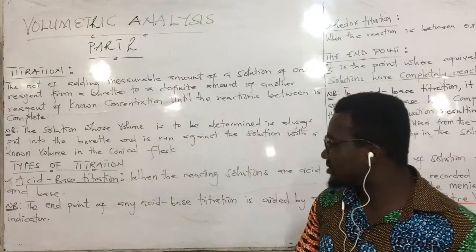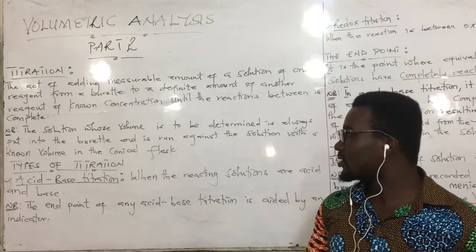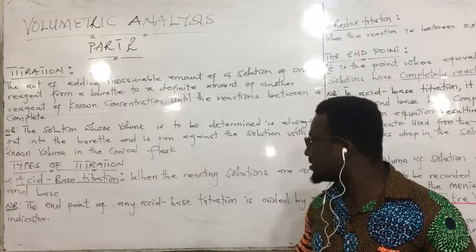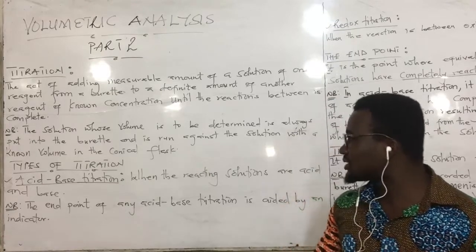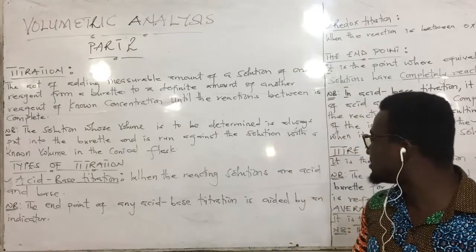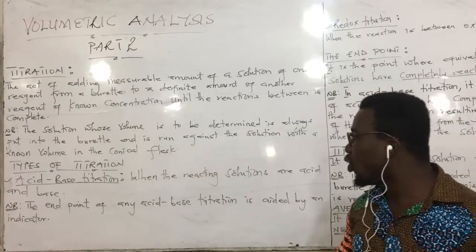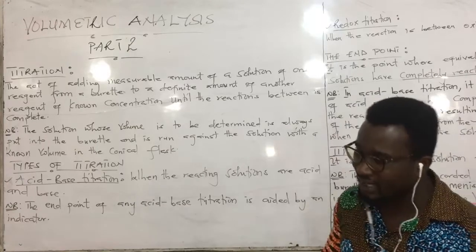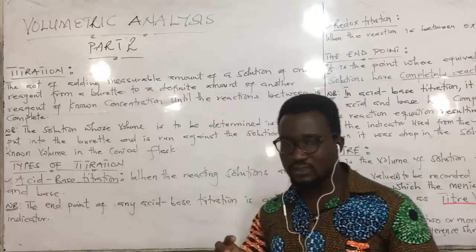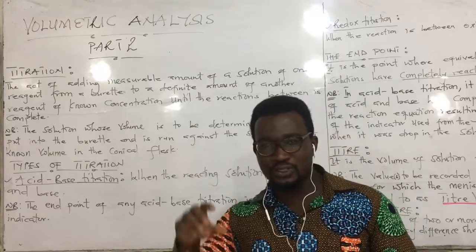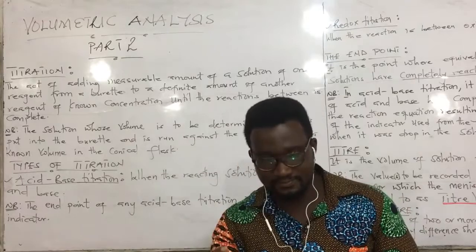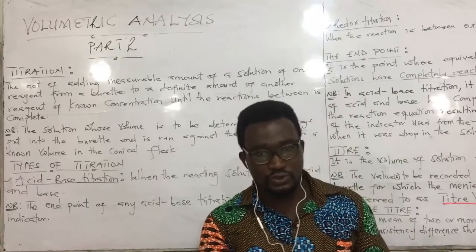In that case, note, the solution whose volume is to be determined is always put into the burette and is run against the solution with known volume in the conical flask. So this is what you are supposed to know. The solution whose volume we are supposed to determine is always placed in the burette. I will introduce you to the burette.